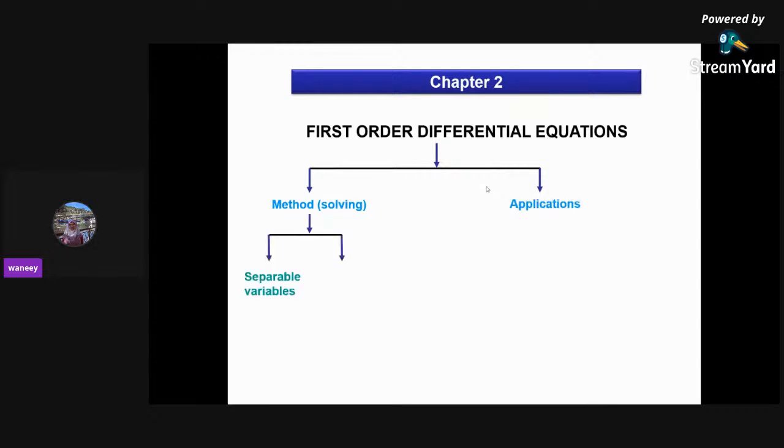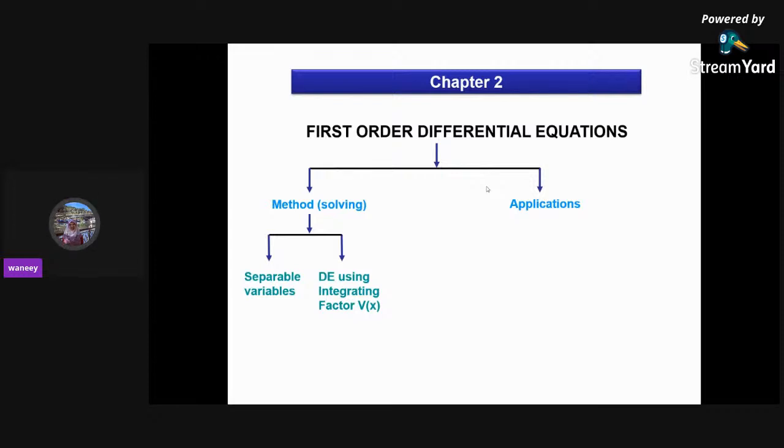The first one is that we can either use separable variable, or the second one is that we solve the differential equation using the integrating factor. But that one is basically for a linear first order differential equation. So basically if we can separate them, then we're going to separate them. Otherwise, we're going to solve them using the integrating factor.